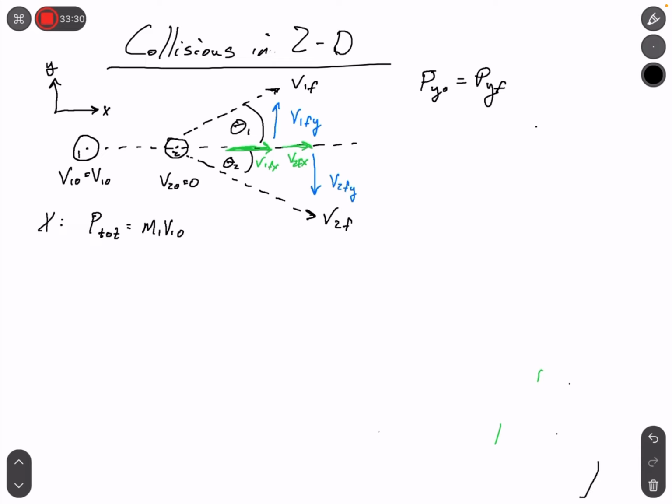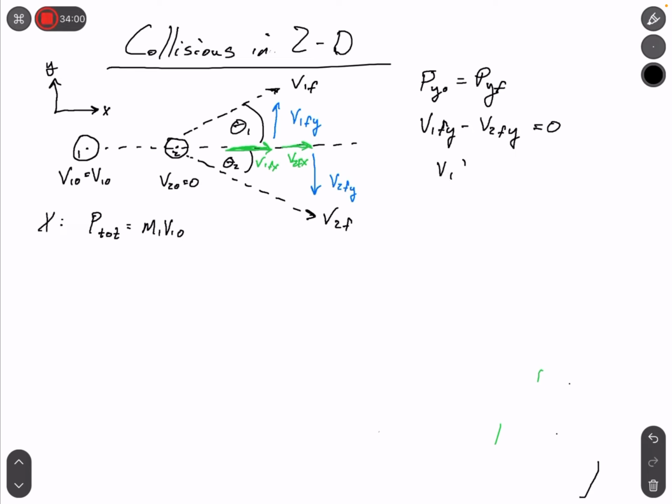So, in the y direction, we only have V1 final y, and we're going to add to it V2 final y. But V2 final y in our system is negative. So we're going to come over here, and we're going to select negative. So that's negative. And that has to be equal to 0.